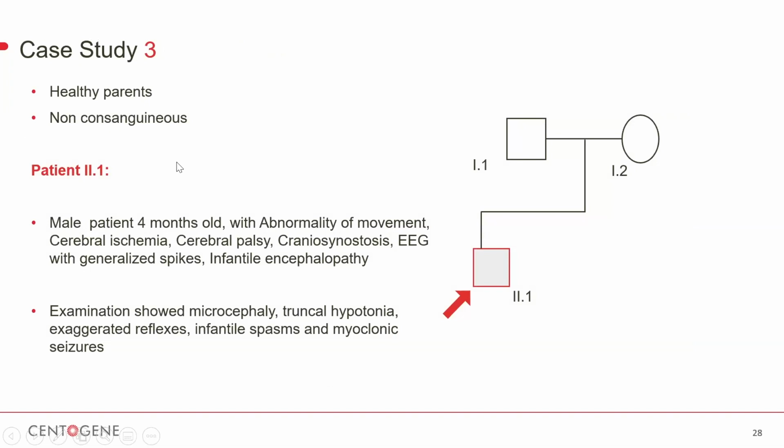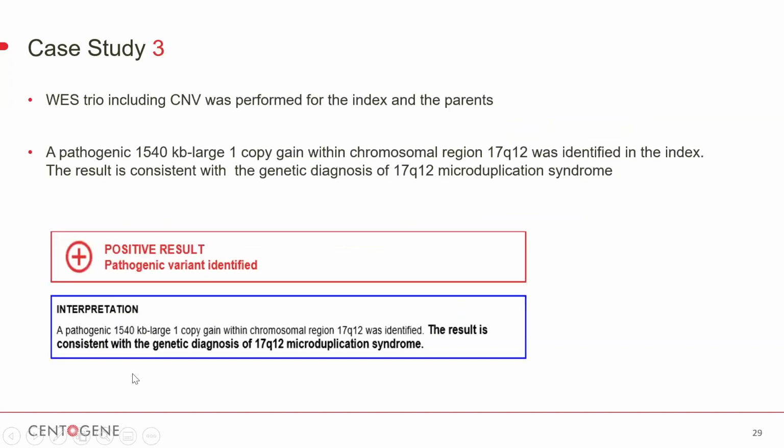The third case is for healthy, non-consanguineous parents. They had a male patient, 4 months old, with abnormality of movement, cerebellar ischemia, cerebral palsy, craniosynostosis, EEG with generalized spikes, and infantile encephalopathy. Examination showed microcephaly, truncal hypotonia, exaggerated reflexes, infantile spasms, and myoclonic seizures.